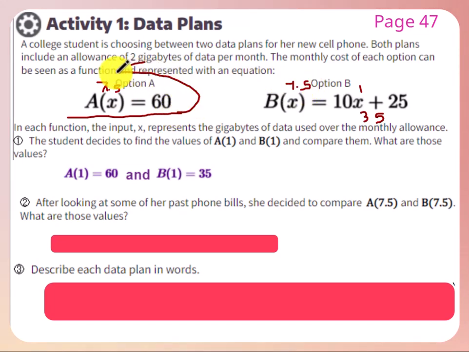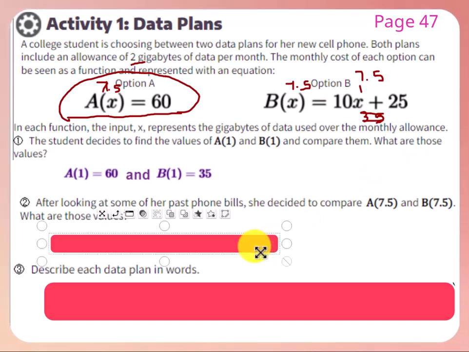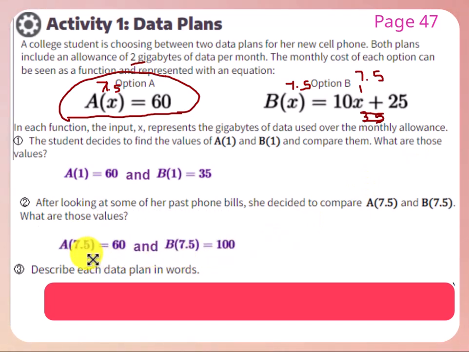Option A is going to stay 60, but option B is going to be 7.5 times 10, which is 75, plus 25. Your answer would be 100. So for option A, we're still going to pay $60, and option B, we're going to pay $100.